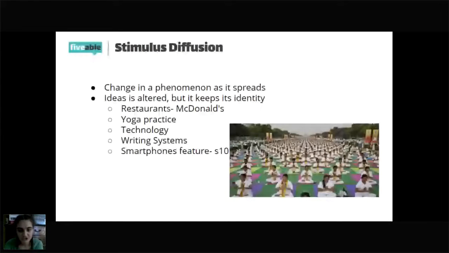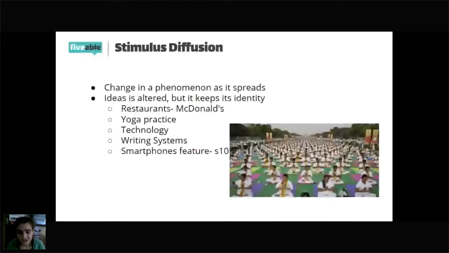We have one question. In stimulus diffusion, a trend changes, and redirectalization is basically changing a trend. So are they basically the same thing? I do not know what redirectalization is.